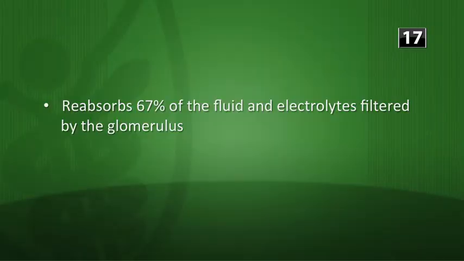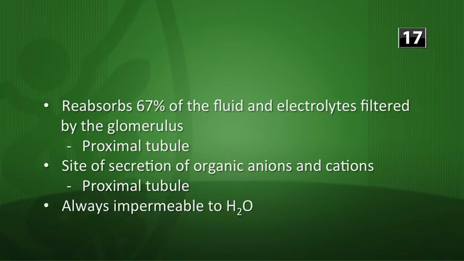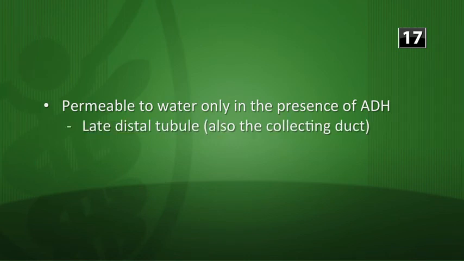All right, first question. What segment of the renal tubule matches each of the following statements? The first bullet, reabsorbs 67% of the fluid and electrolytes filtered by the glomerulus. That's the proximal tubule. The site of secretion of organic anions and cations is the proximal tubule. Always impermeable to water, that's the thick ascending limb. Permeable to water only in the presence of ADH is both the late distal tubule and also the collecting duct.